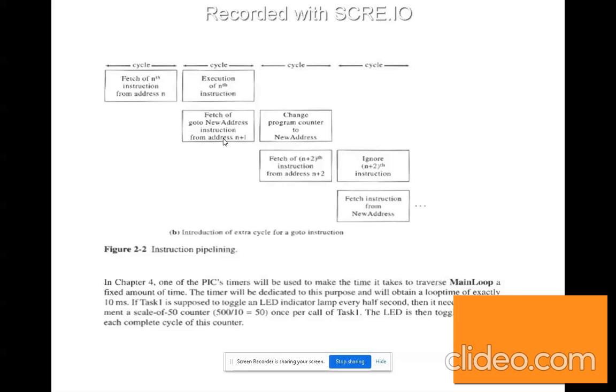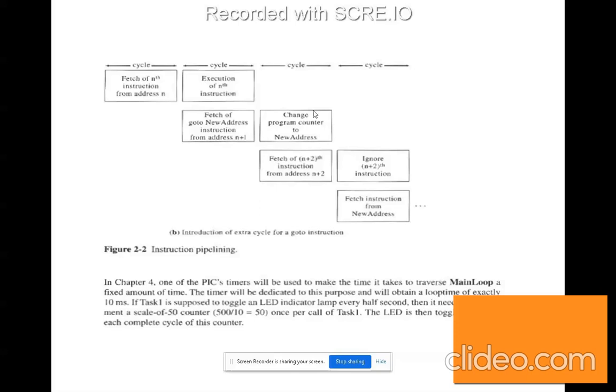So for calling the new address, you will be fetching that new address from the program memory. For that, one cycle. And then during the next cycle, the program counter, which will be pointing to the current address of the memory device, will be changing into the new address in the second cycle.